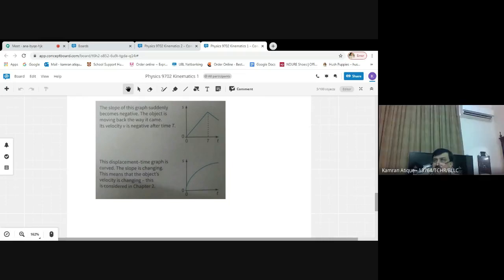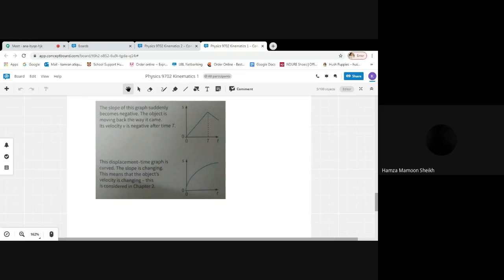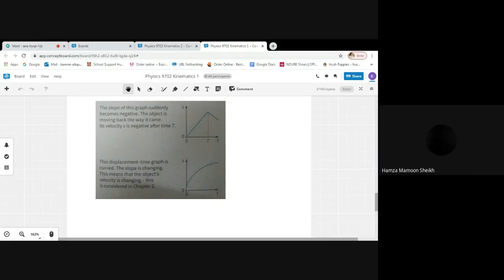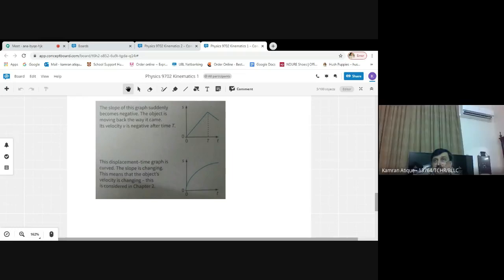It has started its journey from the reference point of the city. It was covering equal distances in equal intervals of time. It was moving with constant speed.